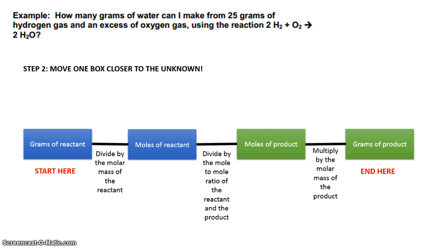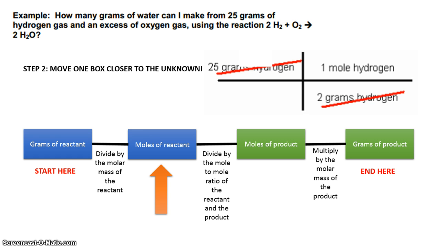Step two, we're going to move one box closer to the unknown. So from grams of reactant, the next thing I can convert to is moles of the reactant. So I know 25 grams of hydrogen gas, I need to convert that into moles of hydrogen gas. So here's something similar to what we learned about in the first part of today's class. So I have 25 grams of hydrogen.